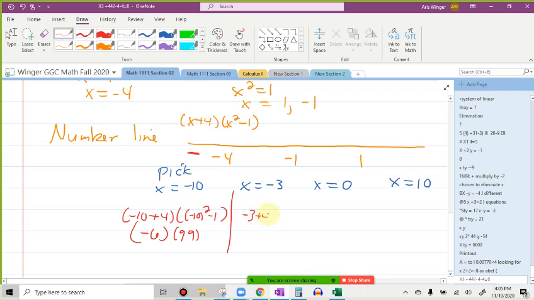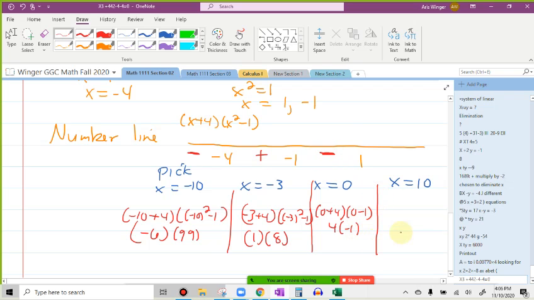Negative 3 plus 4 times negative 3 squared minus 1 is going to be 1 times 8, positive. When I plug in 0, I get 0 plus 4 times 0 minus 1, 4 times negative 1, negative. 10 plus 4 times 99, 14 times 99, positive.